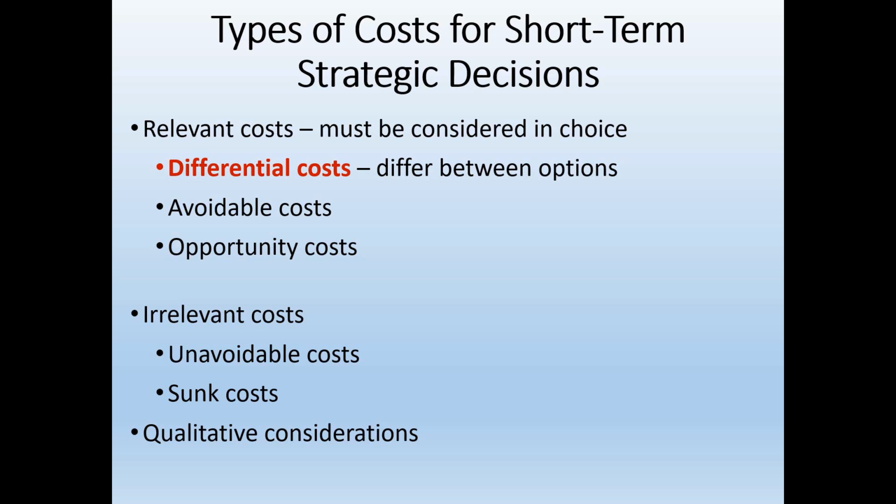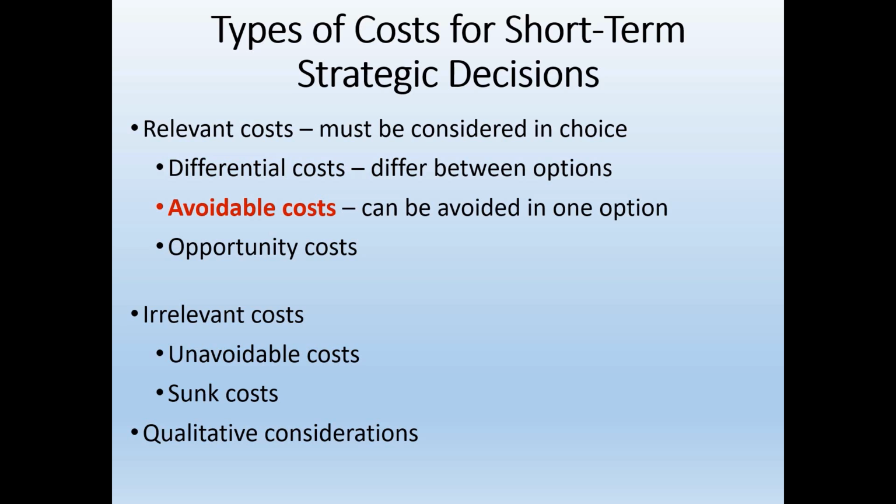So, whatever choice we make is going to affect how much of this cost the firm will incur. Another term for these costs is avoidable costs. That is, a particular cost can be avoided by choosing one option, but will occur if we choose a different option.